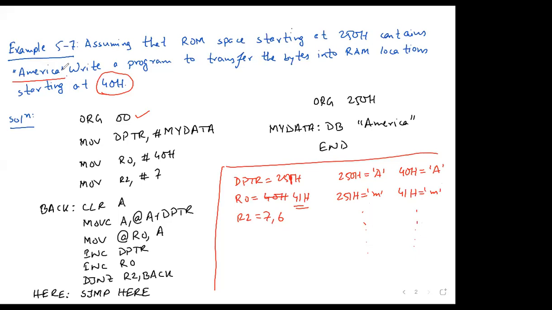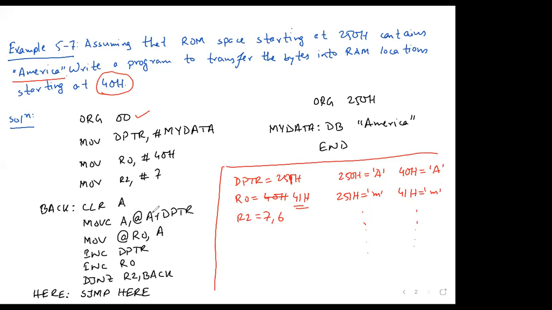Sir, can you repeat the last part a little bit? Which portion? Sir, after we run the first loop, we get the ASCII code of A. Then you said we have to clear A. Why do you need to clear A? Because A already contains some value, right? Those values are in binary.